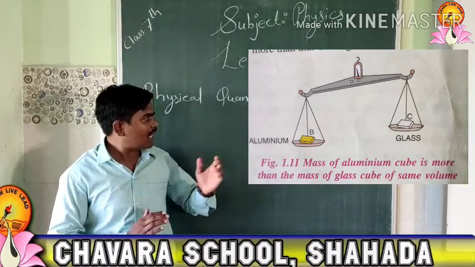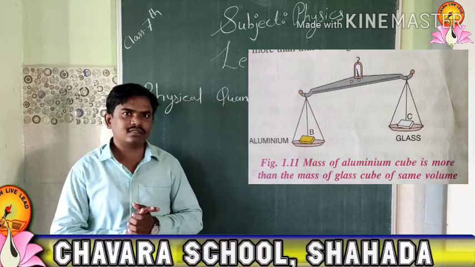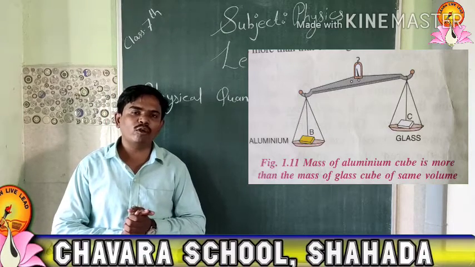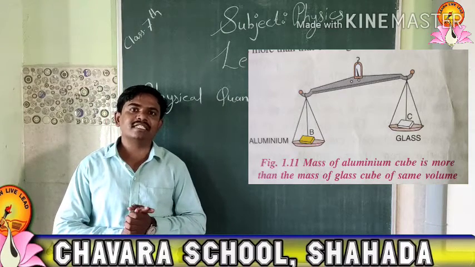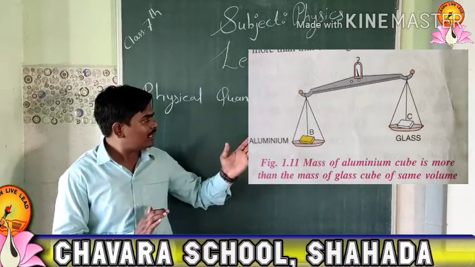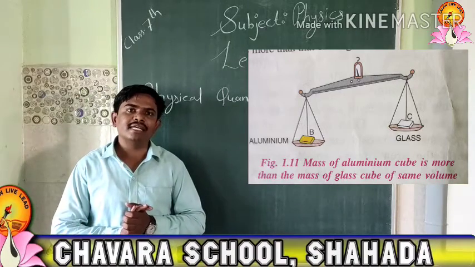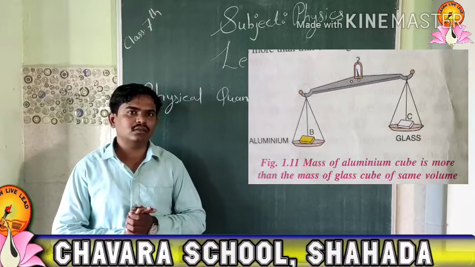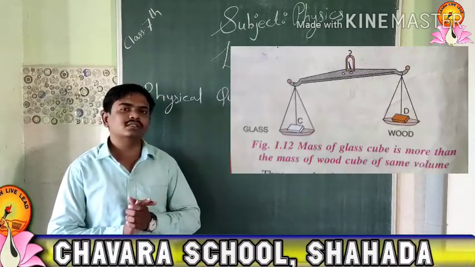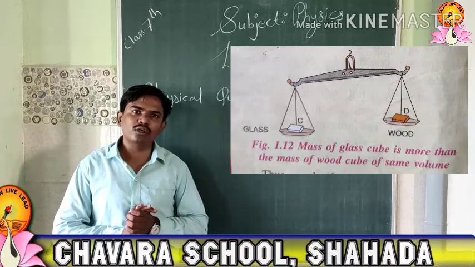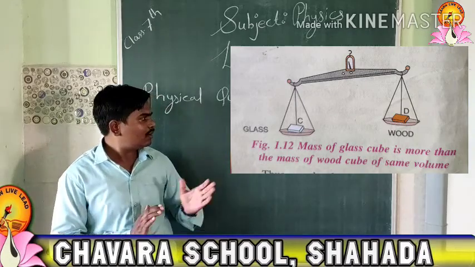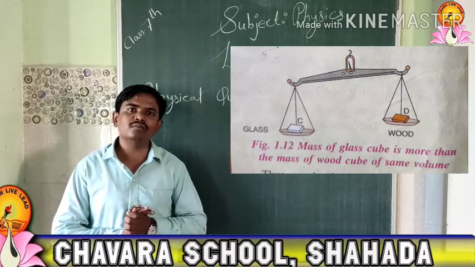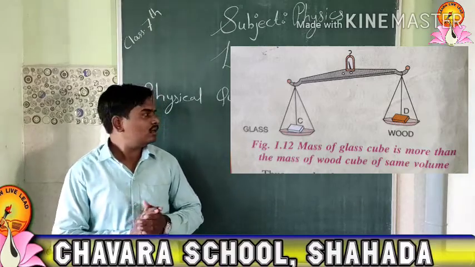And you will observe that aluminum and glass both have the same volume but their mass is different. So here aluminum has more mass, it is denser than the glass. Again you will see glass and wood, both have the same volume but their mass is different.